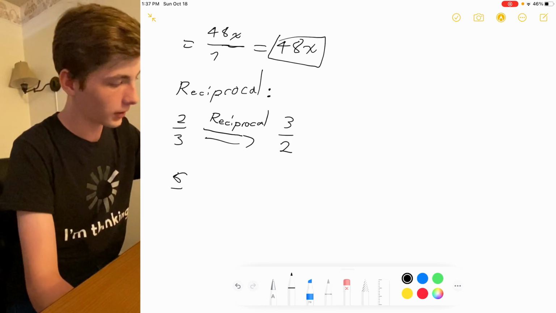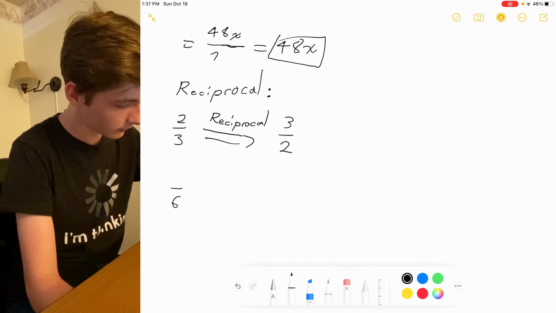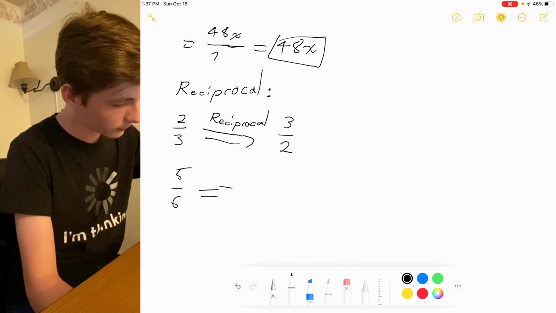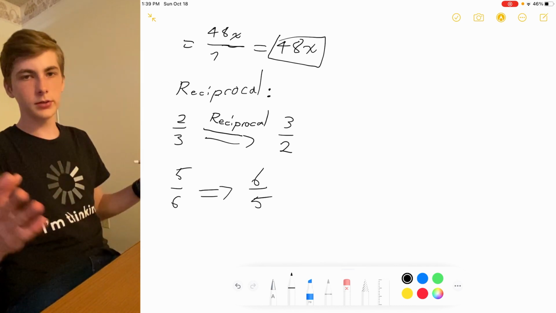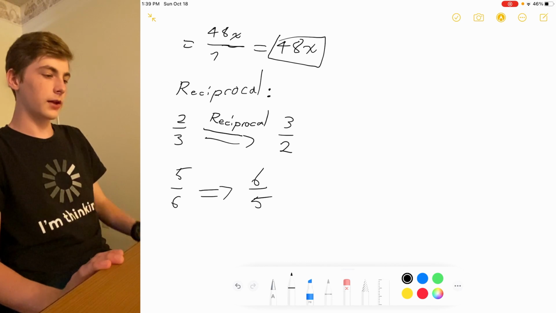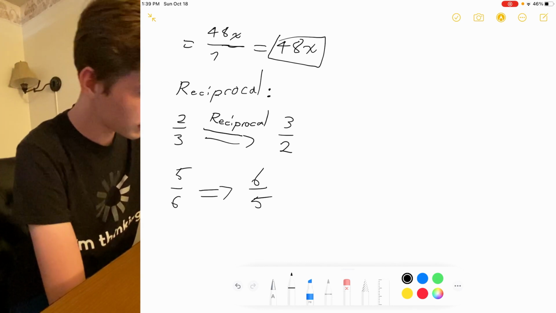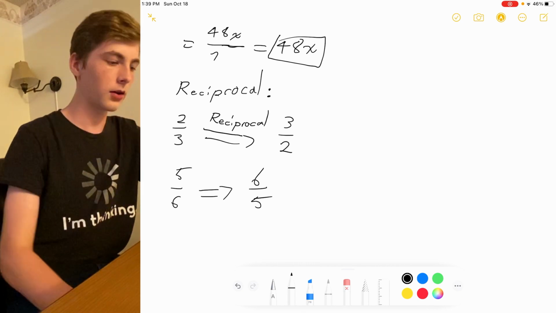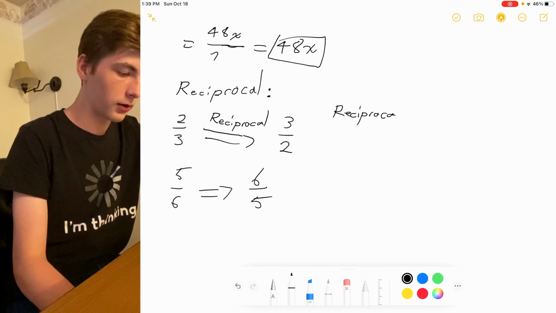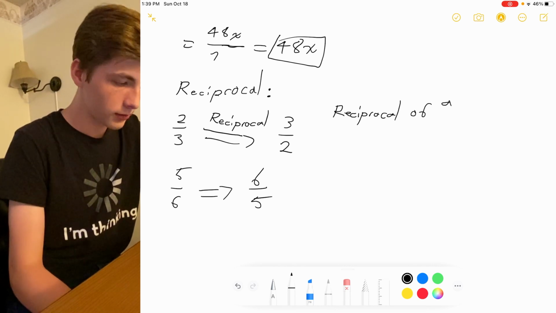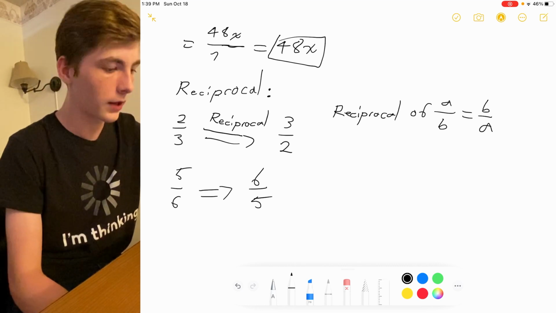If we had 5 over 6, the reciprocal would be 6 over 5. A super simple concept. Let me just write it in variables again. The reciprocal of a over b is going to be equal to b over a.